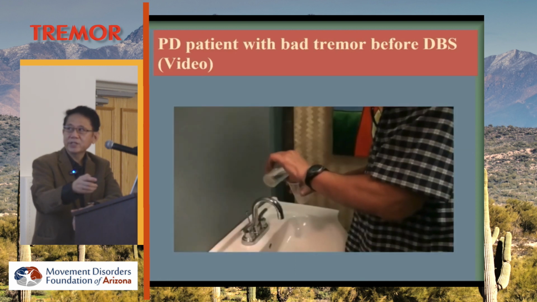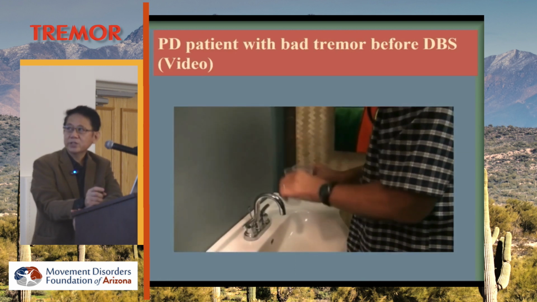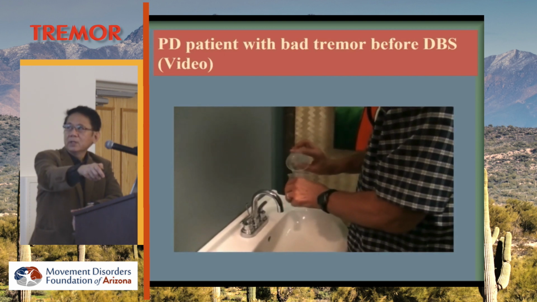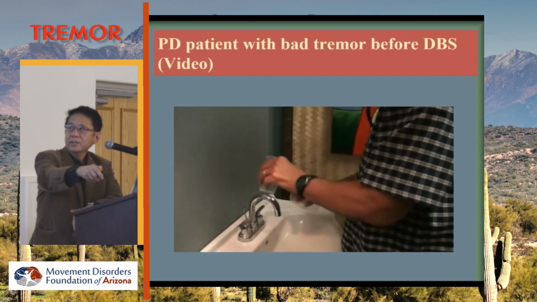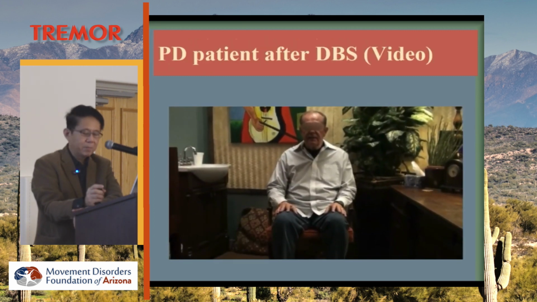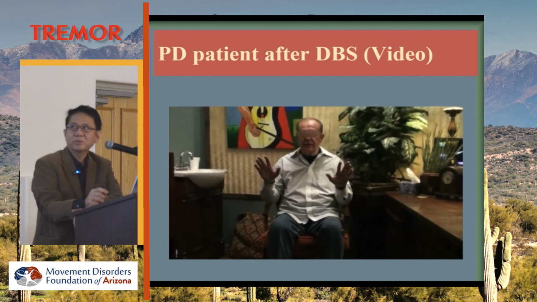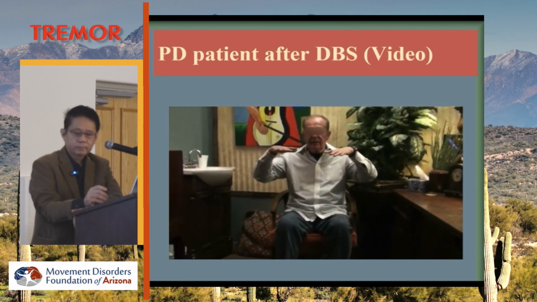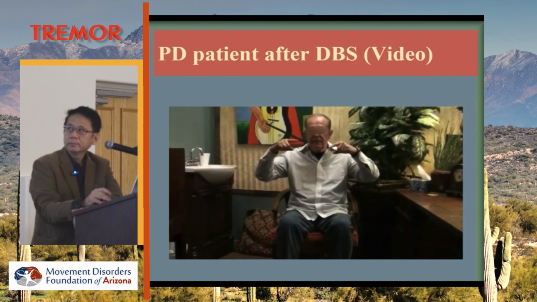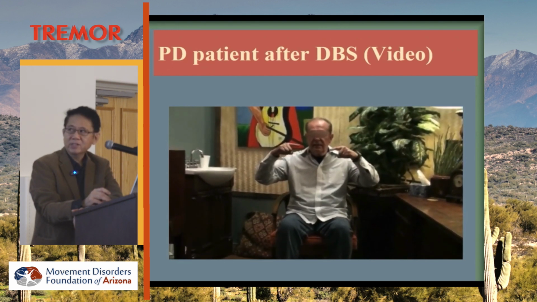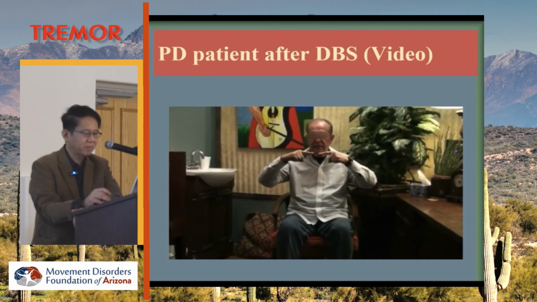So these are the type of patients that make it to deep brain stimulation sooner rather than later. I'm going to show you next a video about a month after DBS, a remarkable improvement of tremor. And many of these patients with tremor predominant Parkinson's, we just discontinue all their medicines after DBS.